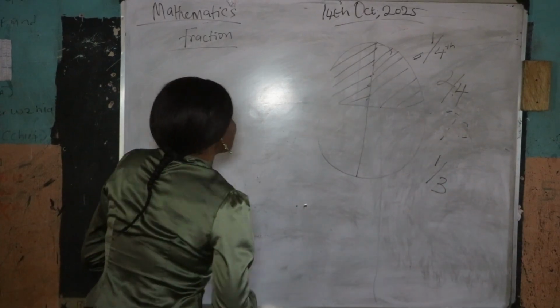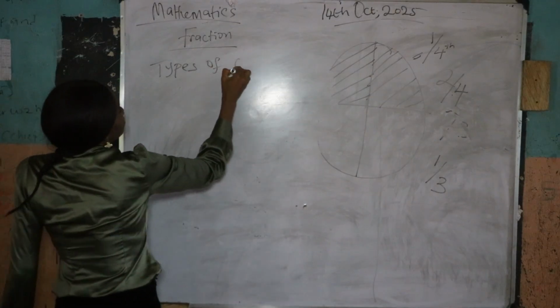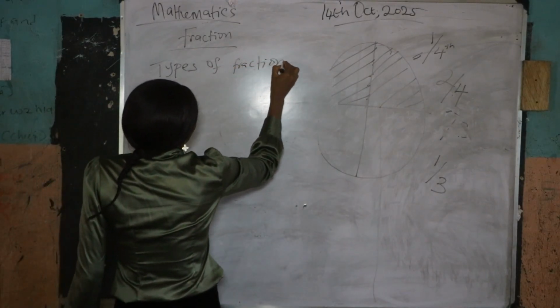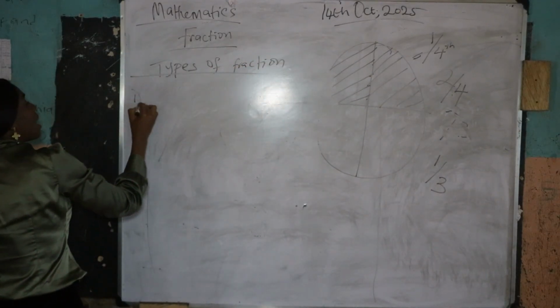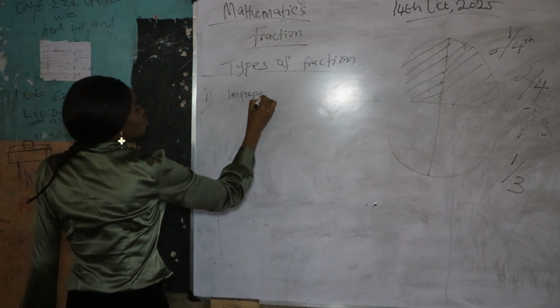Let's talk about types of fractions. Number 1, we have what we call improper fraction.